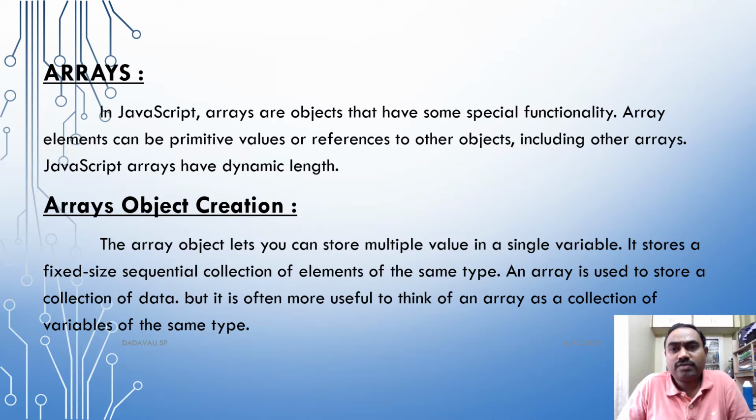A normal variable holds only one value, but an array variable holds more than one value. If the user wants to store more than one value under the same name, array objects can store multiple values in a single variable name.